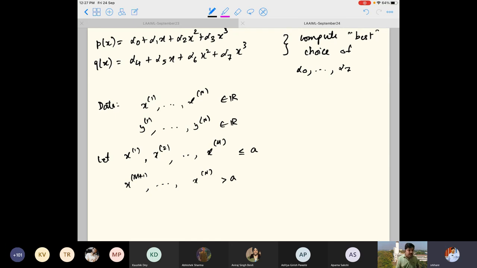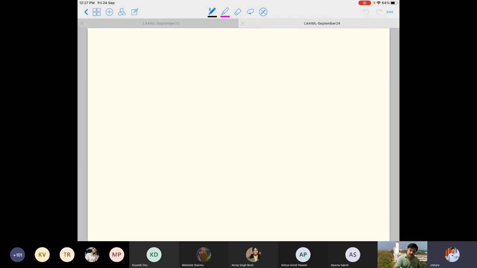Then what is the prediction error? Let us write down the prediction error. It is the summation for i from 1 to capital M of alpha 0 plus alpha 1 x plus alpha 2 x square plus alpha 3 x cube.